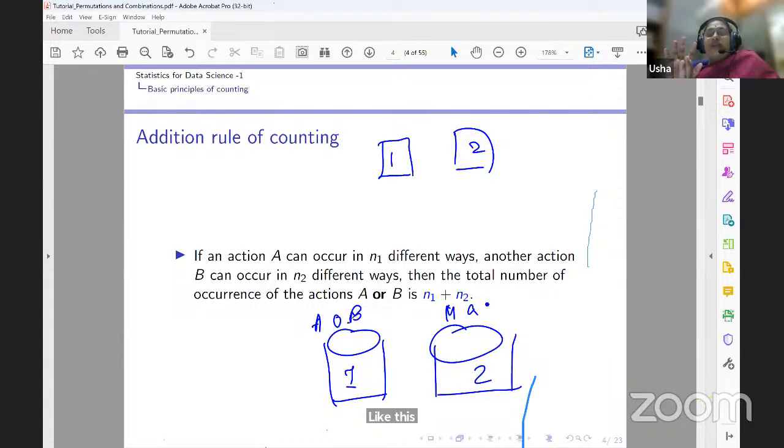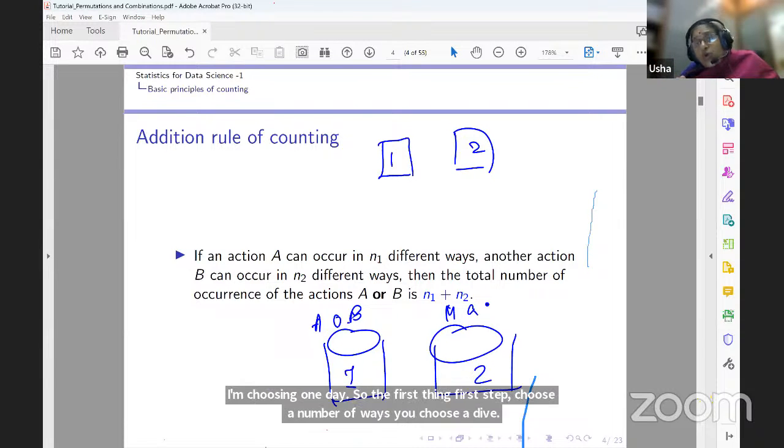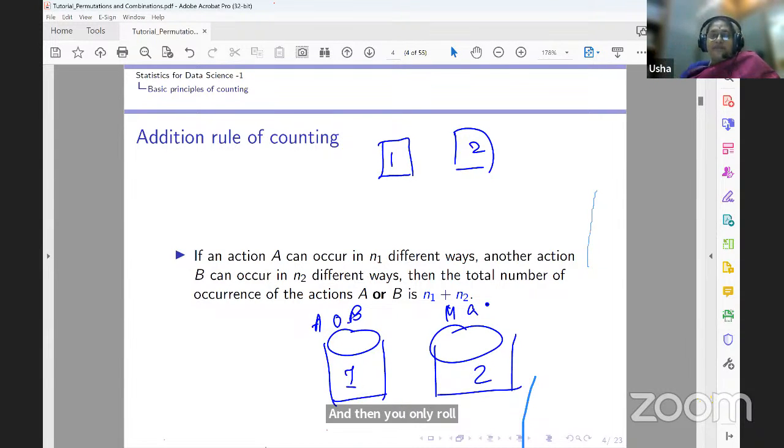Listen to me carefully. I am choosing 1 die. So the first action is to choose a die, and then you only roll the die that you have chosen. So will it be 2 into 6 or will it be 2 plus 6?